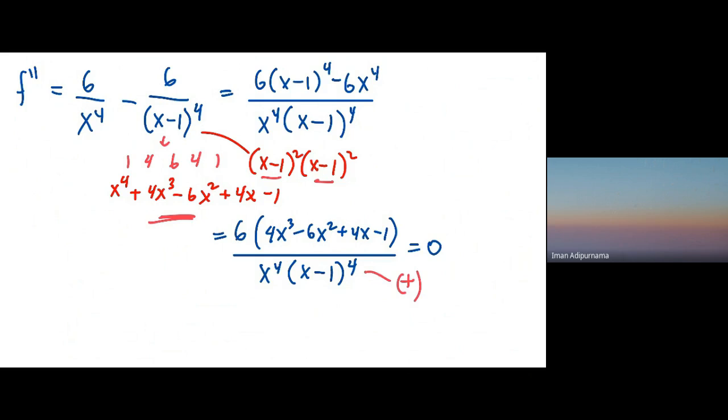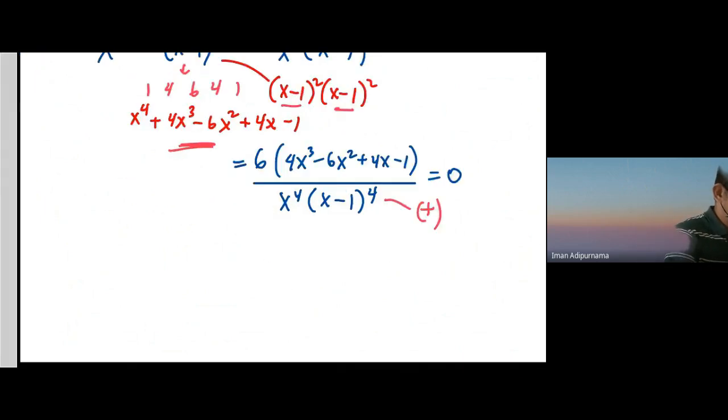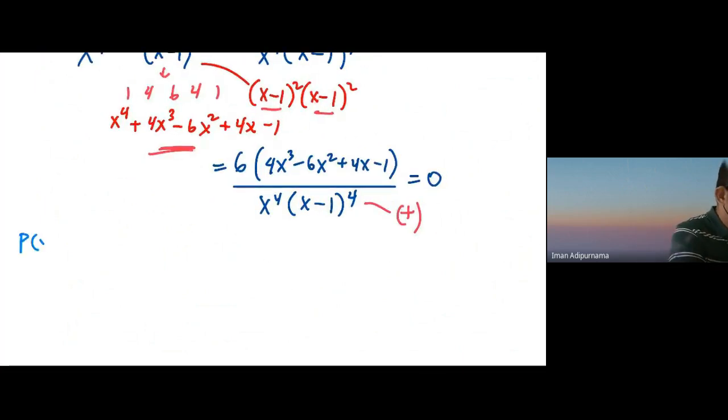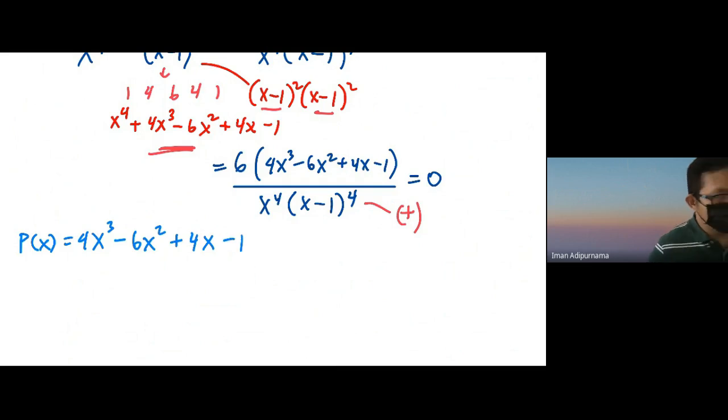So we will know from this numerator. Okay, so we can check the cubic formula. So we can check with, let me write as P, 4x cubed, 6x squared plus 4x minus 1.